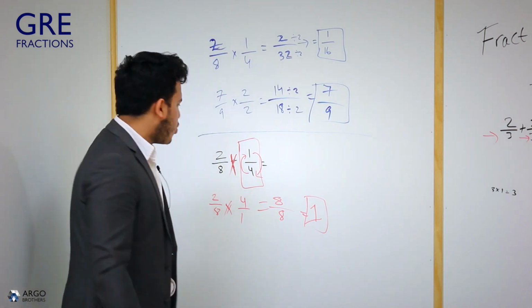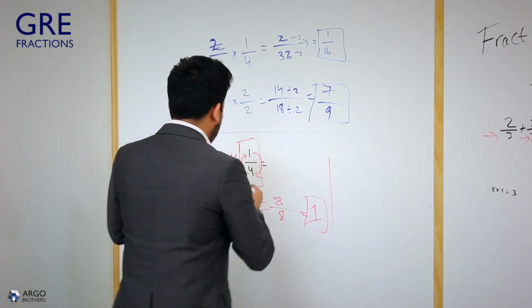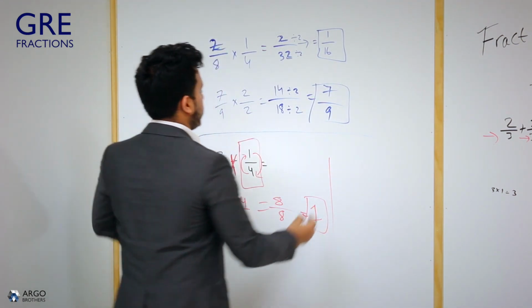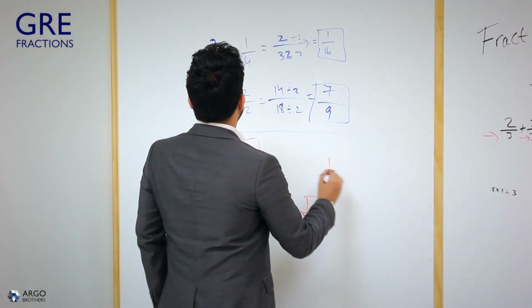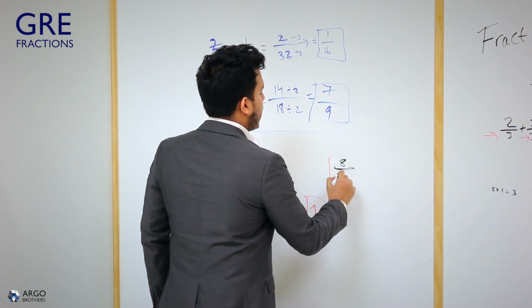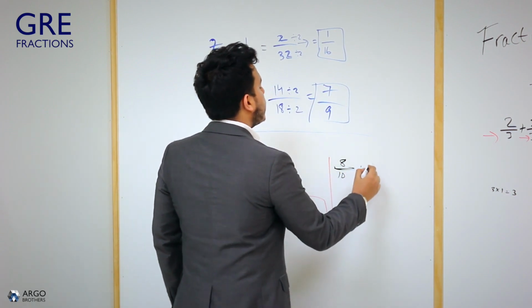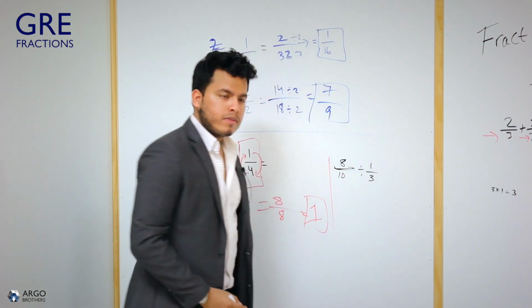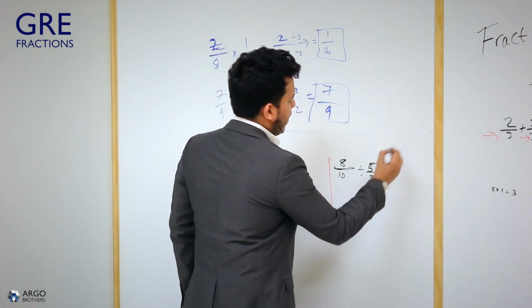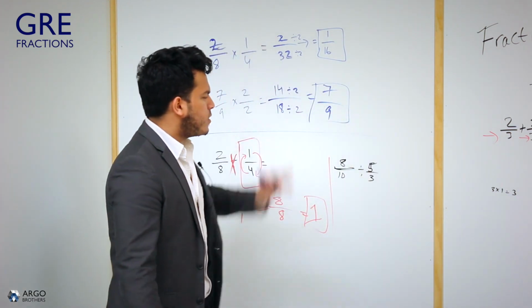Let's take a look at one more division problem over here. Let's say I have 8 over 10 divided by, let's say, 1/3. Let's switch it up. Let's say 5/3. Why not? This is an improper fraction.